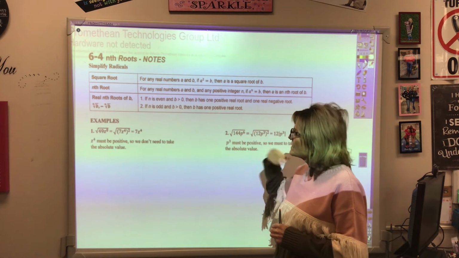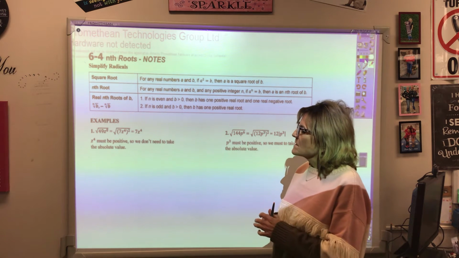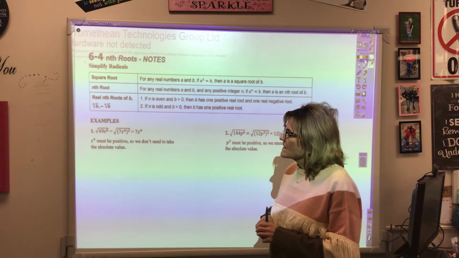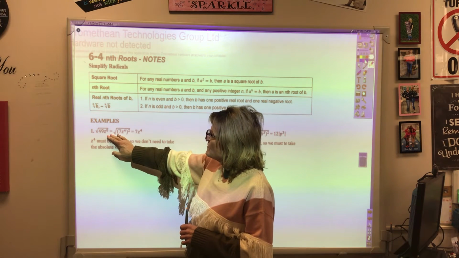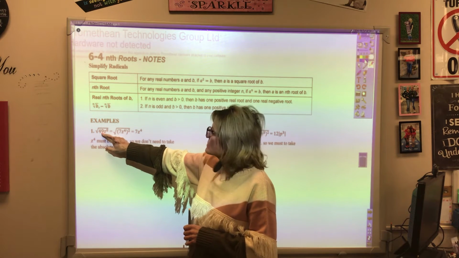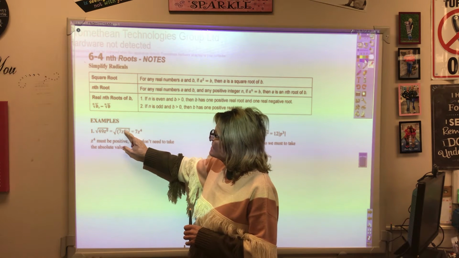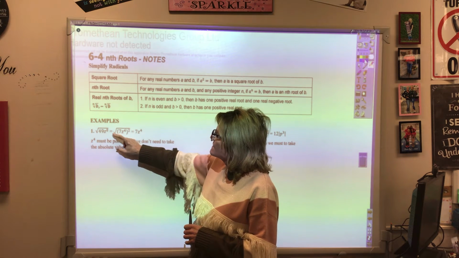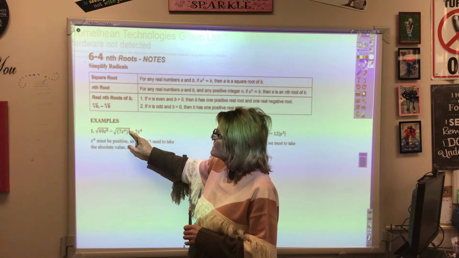When you've got the two examples that are worked out for us, sometimes it might be helpful to rewrite this the way they did. They rewrote what was underneath the radical to start with: 49 is 7 squared, and z to the 8th is z to the 4th squared.